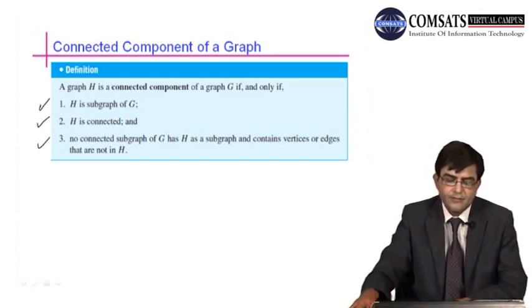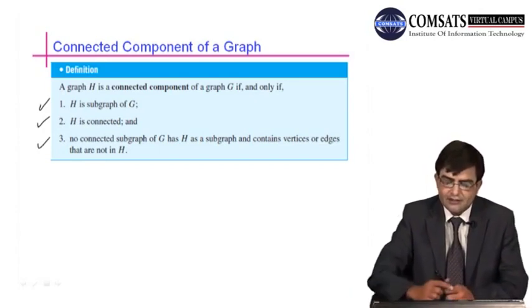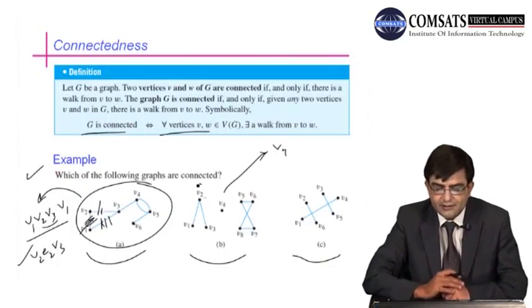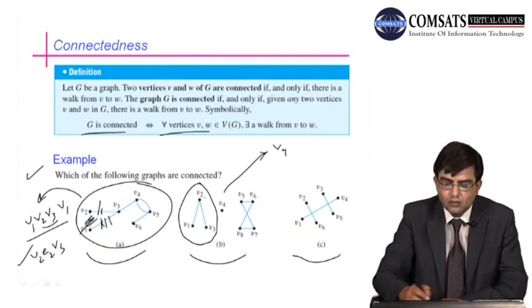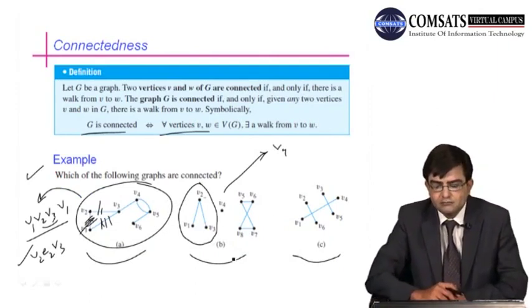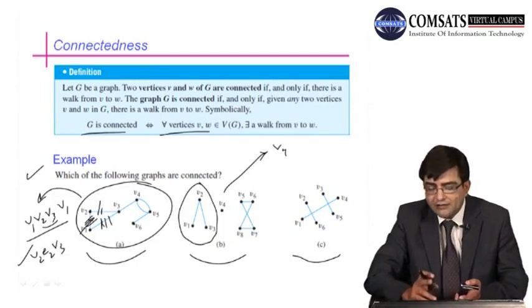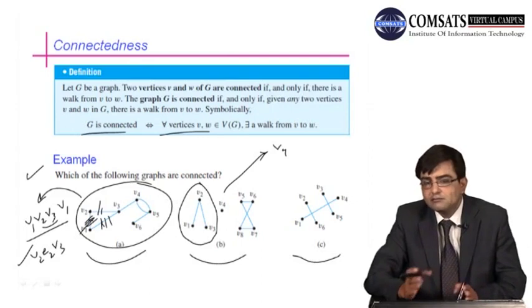For example, in this previous case, this is a connected component of this whole graph because it is a subgraph of G, it is connected, and no other connected subgraph of G contains this graph.